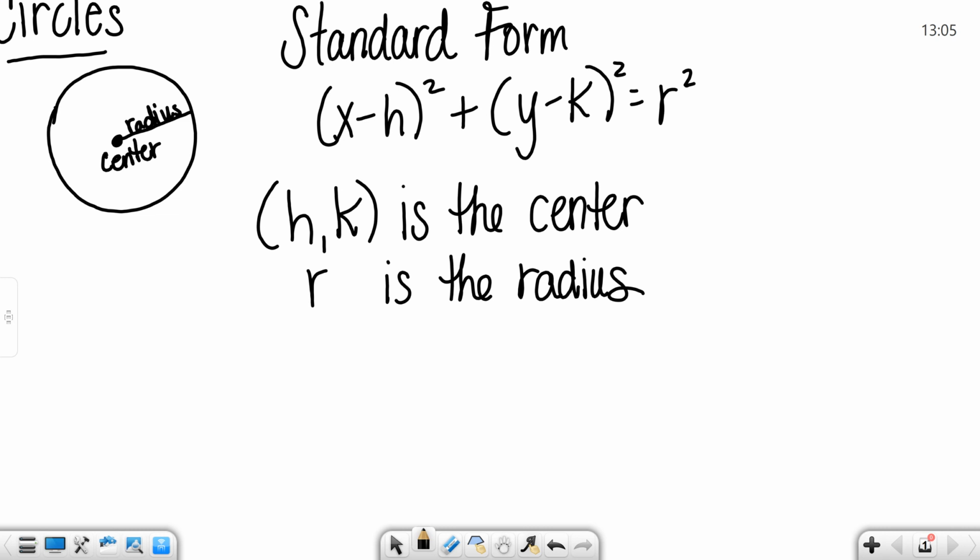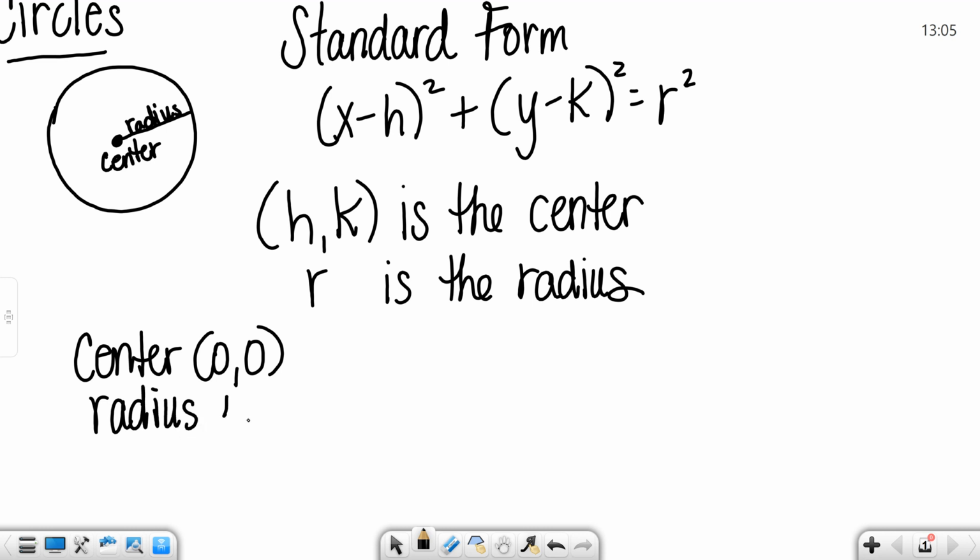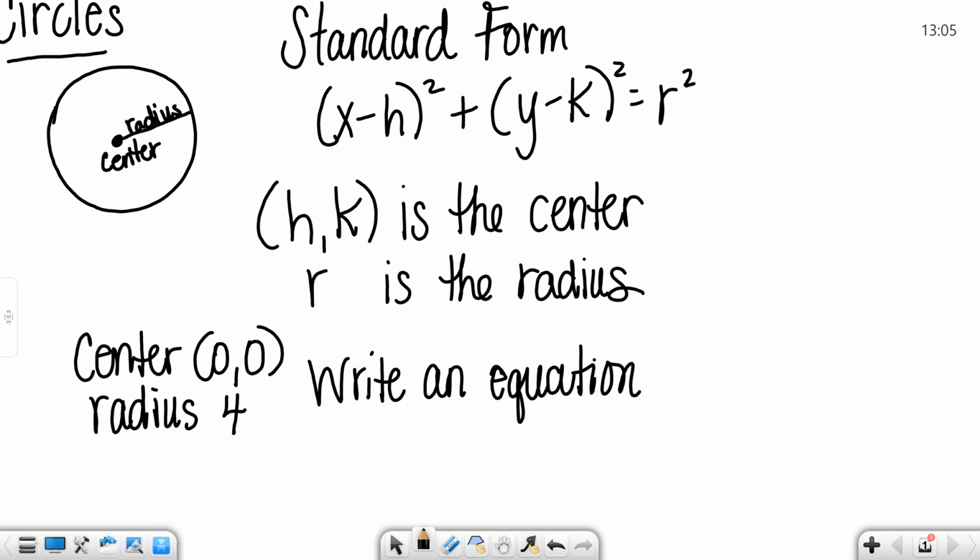So let's say we have a circle whose center is the origin, (0, 0), and the radius is 4. And I want us to write an equation of the circle.